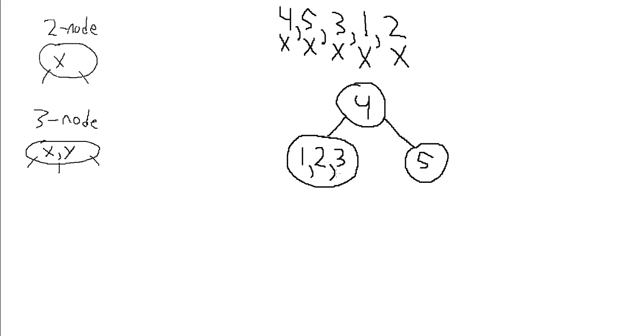Once again, we are not allowed to have 4 nodes in this 2-3 tree. So the way that we need to do it is that we need to drop the outer values and raise up the inner value. And the way that this works is that we raise the inner value of 2 up to the level with the 4. And then we're going to drop the 1 and the 3 to be the 2 children, the 2 keys of that 2.